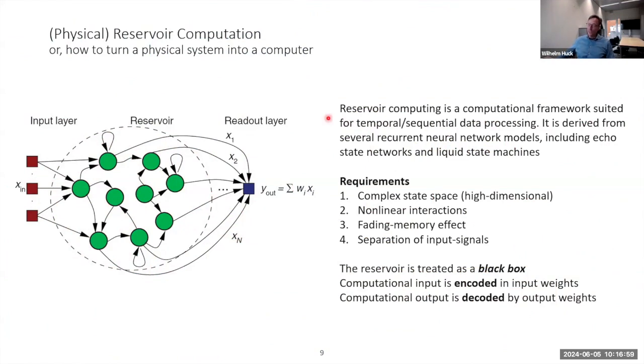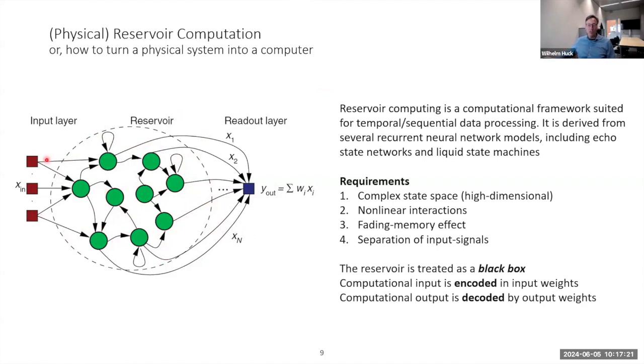And so reservoir computing is a computational framework that is very good for processing temporal or sequential data. It essentially requires a very complex network that generates a high dimensional output. There are many nonlinear interactions. It should have a fading memory, and we have that because we have a flow reactor.